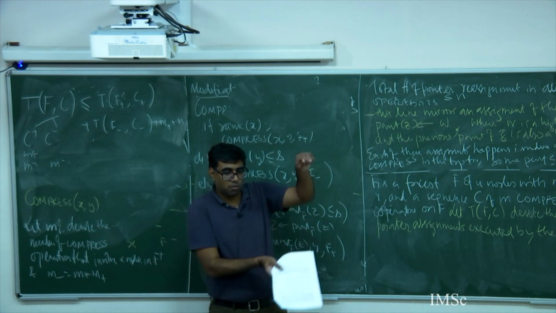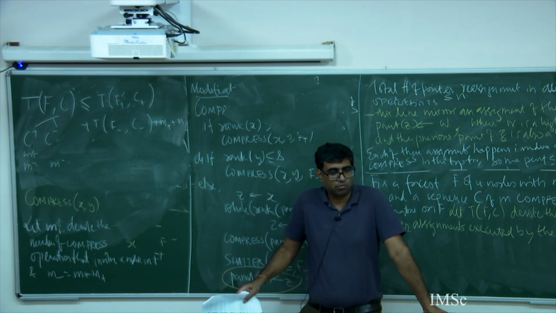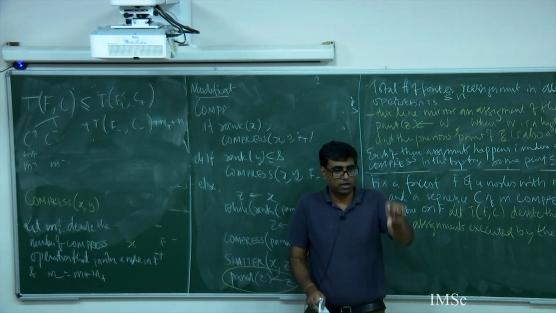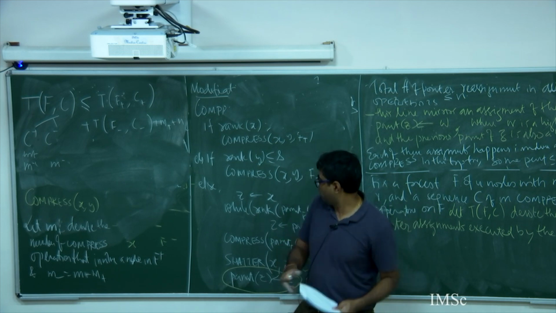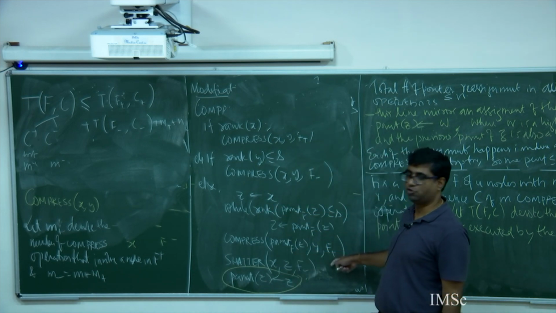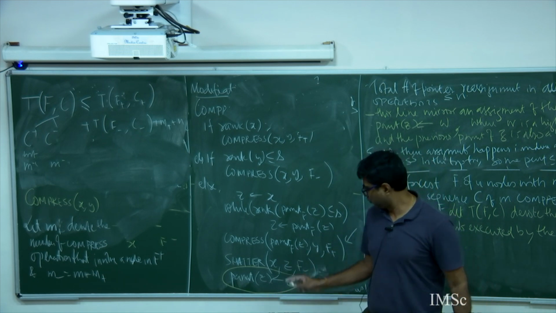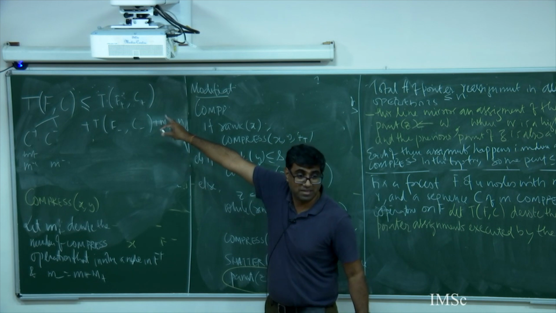You break it into a compression here and this. So now I have divided this sequence into what? Look at C plus, what does it do? If you notice here, it compresses this into F plus. So I converted it into this compression and shatter operation. So this now becomes part of C plus.